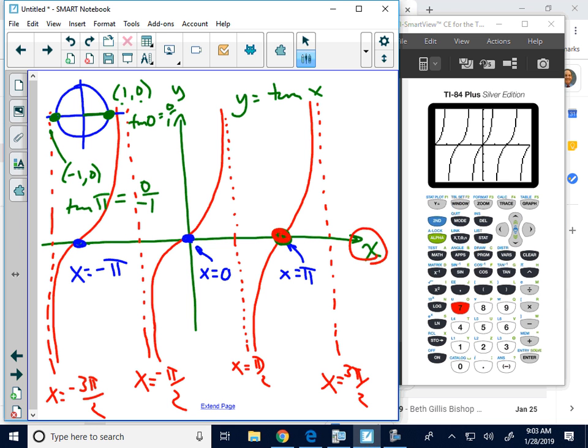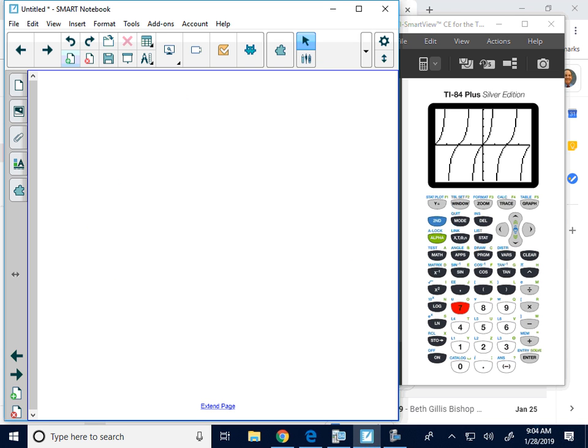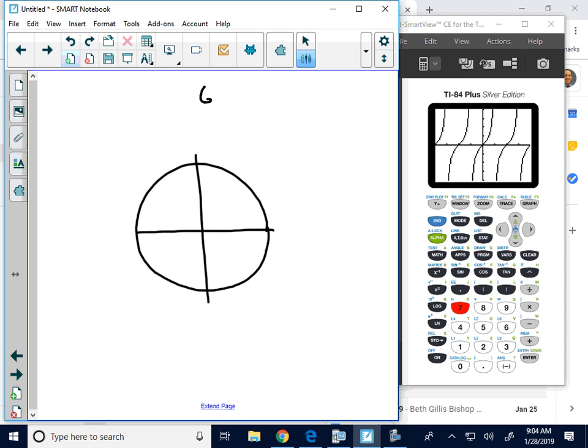Okie dokie. What else do we need? Oh, one other thought about this variable. If we're on the unit circle, let's go back, because we do have a test coming up on Friday, so we're going to have to go back to something in 6.1, arc length. This is a unit circle, which means this is the ordered pair 1, 0.